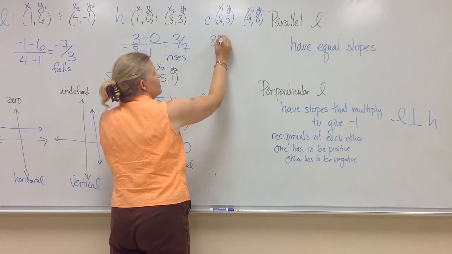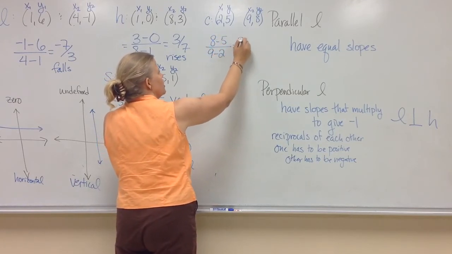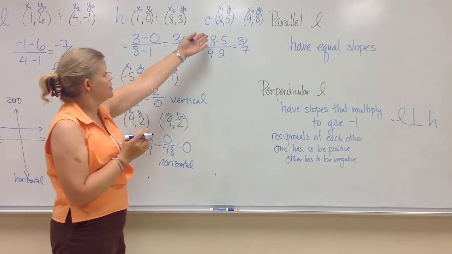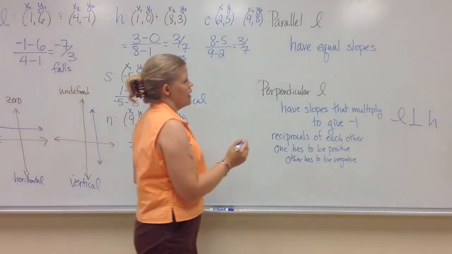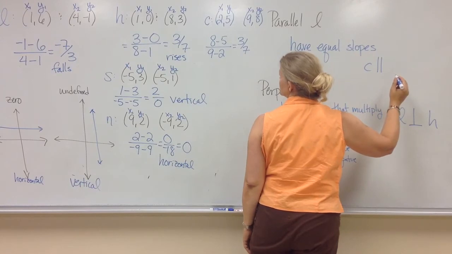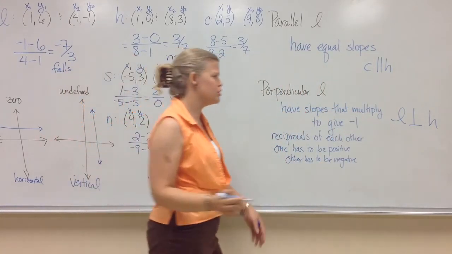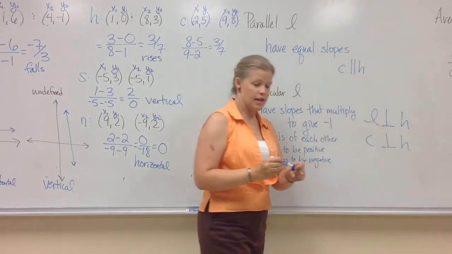Okay, so 8 minus 5 over 9 minus 2. Hey, 3/7. So you see a relationship between line C and the others? Yeah, line C would be parallel to H. See anything else? Oh, you're so smart. C is also perpendicular to H.